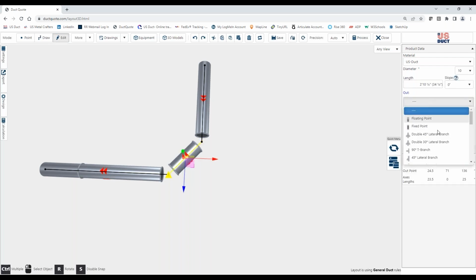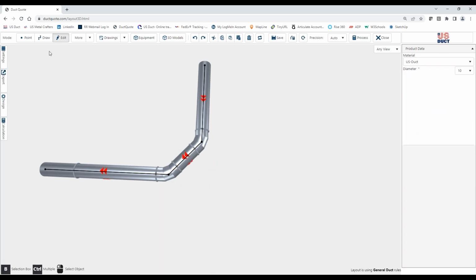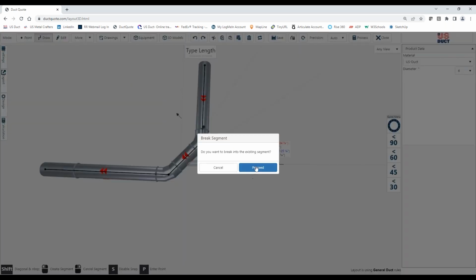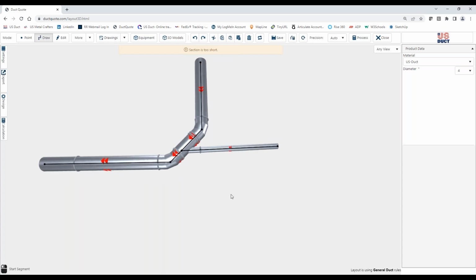And we're going to say that both of these now have 45-degree elbows. Okay. We can now take that 4-inch piece, and you can see here, now that works.